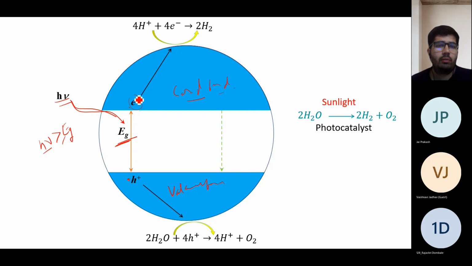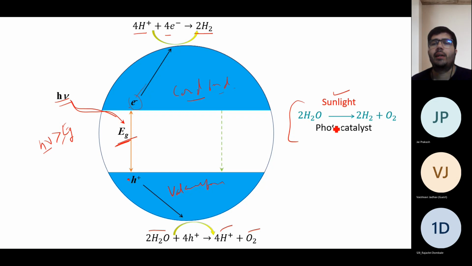The electron goes to the surface and takes part in the reaction, 4H+ plus 4 electrons, and generates 2H2. Similarly, holes are generated, and they take part in reactions too. The holes, small h+, react with H2O to generate 4H+ ions plus O2. So these are the main reactions. Condition 1: you need sunlight.